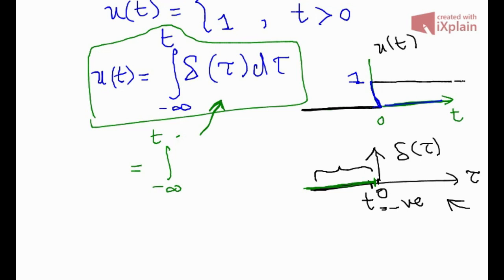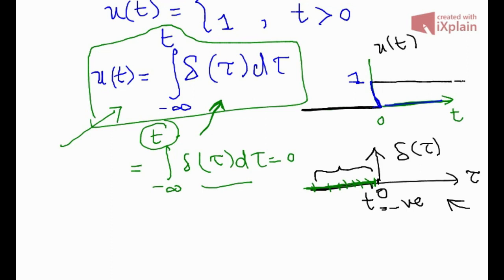The integral of delta of tau d tau would be 0. So for any negative value of t, such as -1, -2, -0.5, whatever the value of the variable t, the integral gives 0.